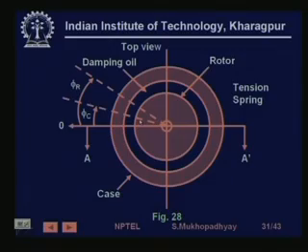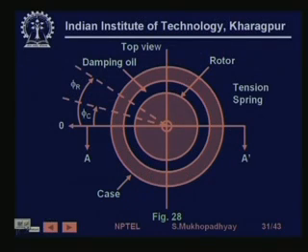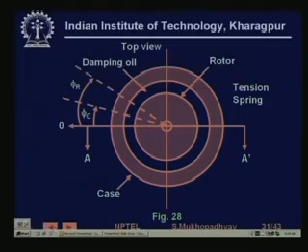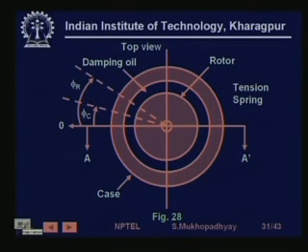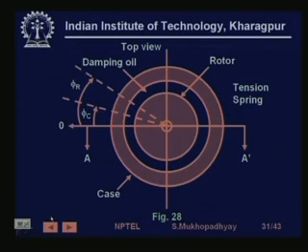This is actually a rotational version of the same, where previously the proof mass was moving like this, now it will be moving inside. So you have some tension springs.